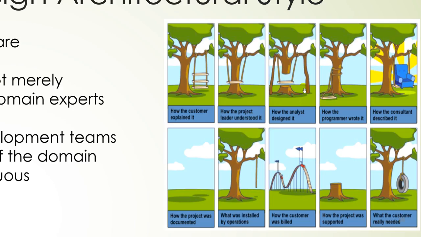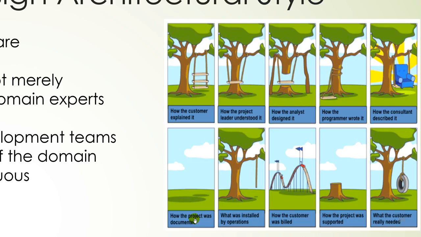So the analyst explained their idea to the programmer and the programmer wrote it as this picture. And the expert consultant described, no, the main expectations of the client are like that.